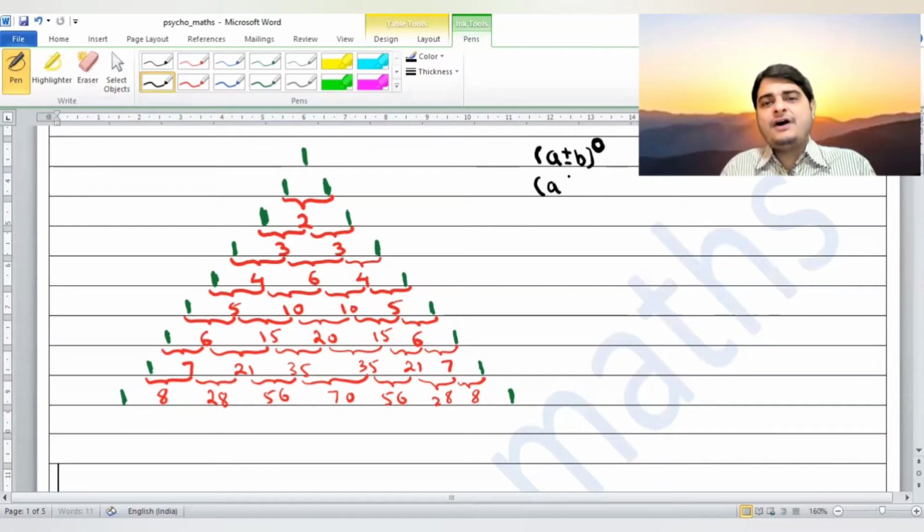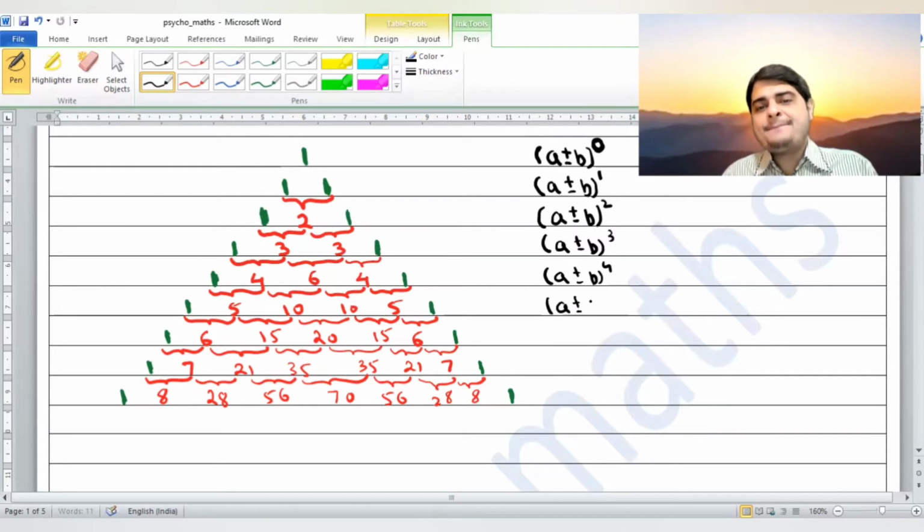Then it is for (a plus or minus b) raised to 1. Then check, it is (a plus or minus b) the whole raised to 2. Then these are the coefficients. See in this line 1, 3, 3, 1 are the coefficients for (a plus b) the whole cube. Then (a plus or minus b) the whole raised to 4, and raised to 5.